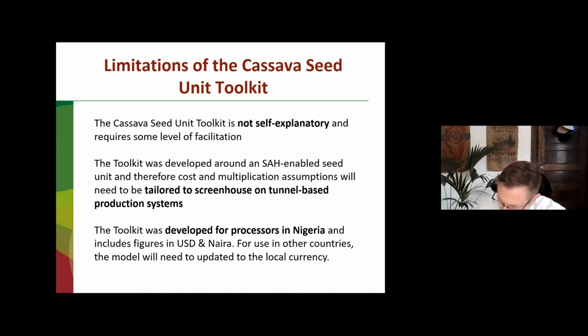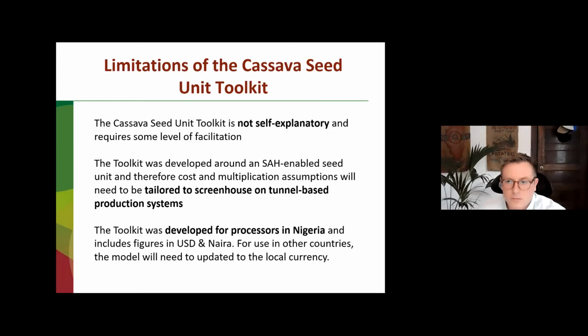But with some level of facilitation, processor partners, whether technicians within the SH laboratory or even the senior management teams of processors, can easily work with the toolkit, given the flexibility of the toolkit.